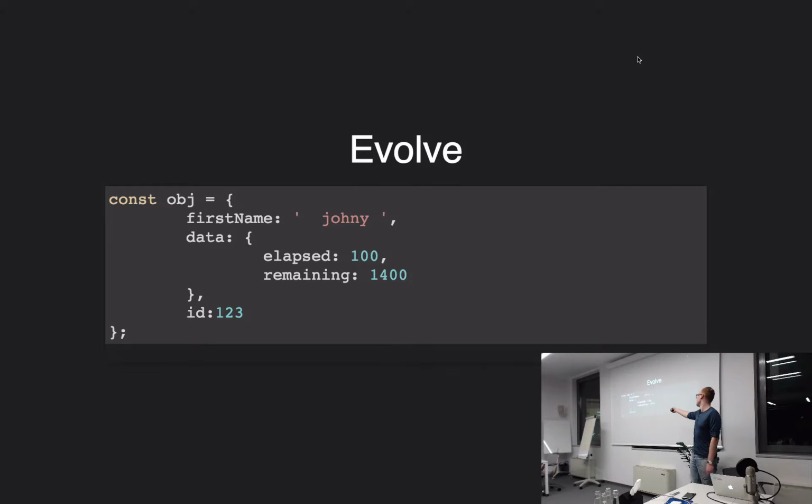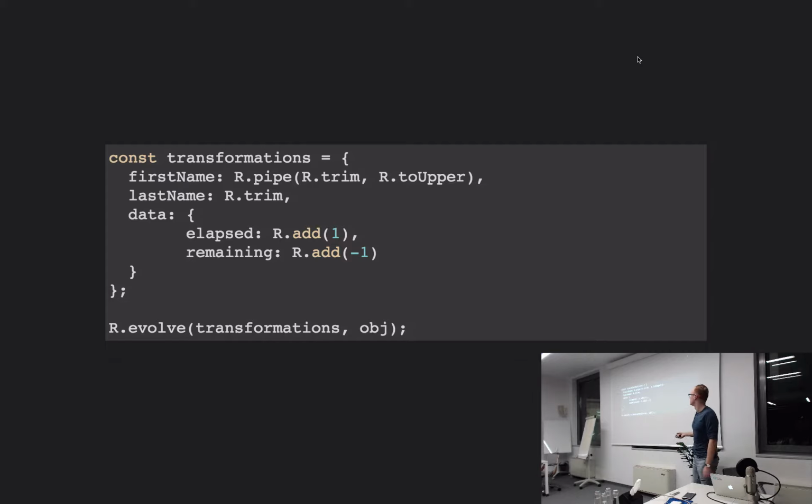We have some data, we know there are numbers, we have some ID, and we wanna do some actions with it. We wanna increment last, we wanna decrement remaining. It might be time, money, whatever. We wanna do some actions with our first name, remove useless spaces, make it uppercase.